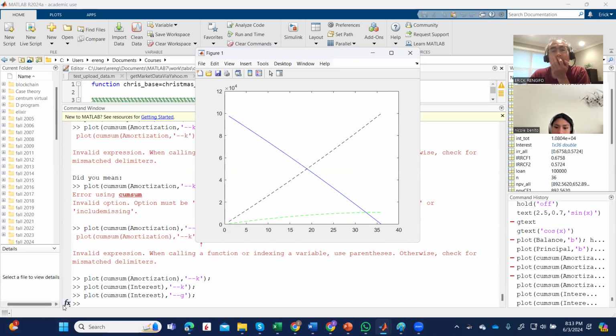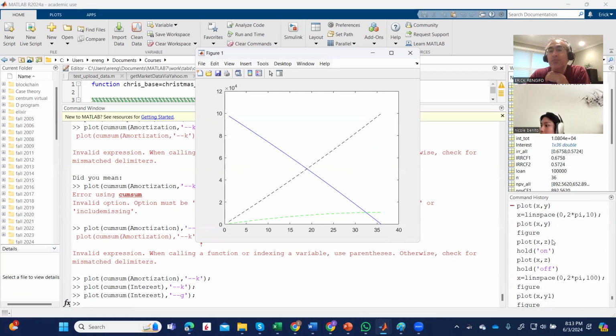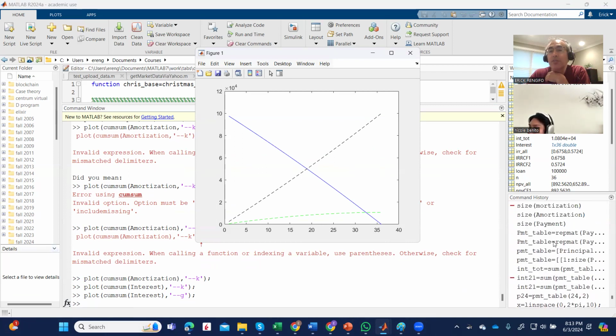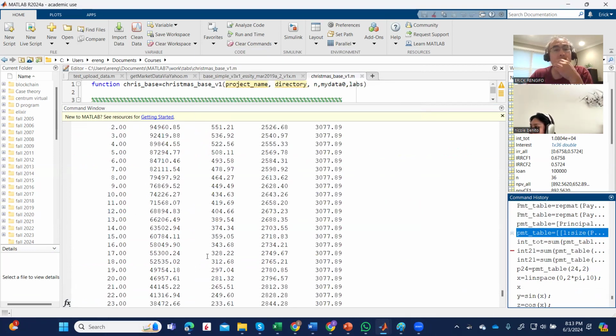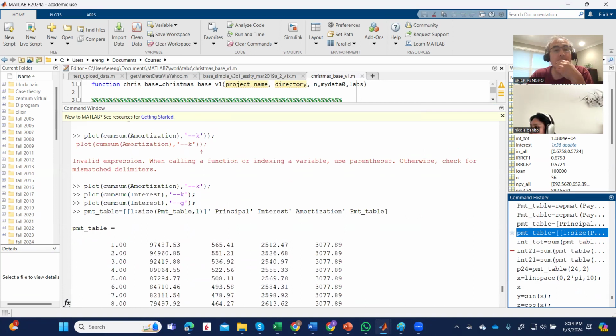Where is my green? I don't believe this is my green. I need to check my variables, guys. So I want to check this one for a second. I want to print this one here. This one is my principal. That's okay. Amortization is this one here.